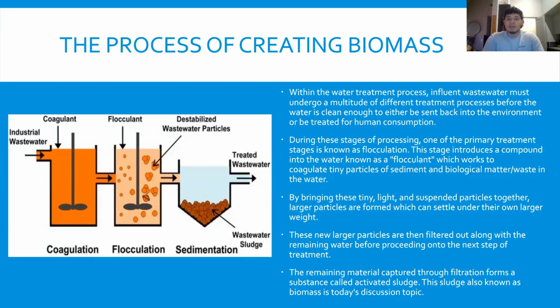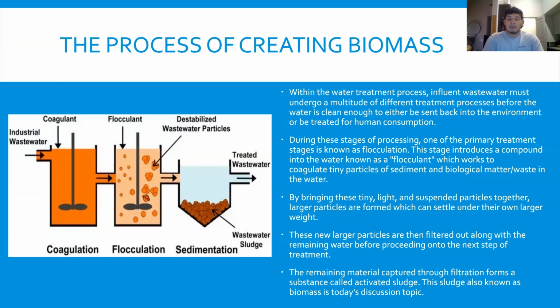This stage introduces a compound into the water known as a flocculant, which works to coagulate tiny particles of sediment and biological matter or waste in the water. By bringing these tiny, light, and suspended particles together, larger particles are formed, which can then actually settle under their new, larger weight. These new, larger particles are then filtered out along with the remaining water before proceeding on to the next step of treatment.